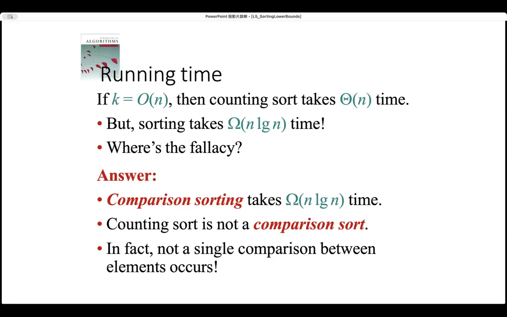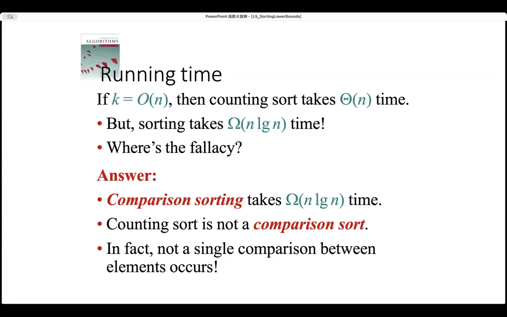It's because it is not based on comparison. In fact, as I said here, not a single comparison between elements occurs in counting sort.